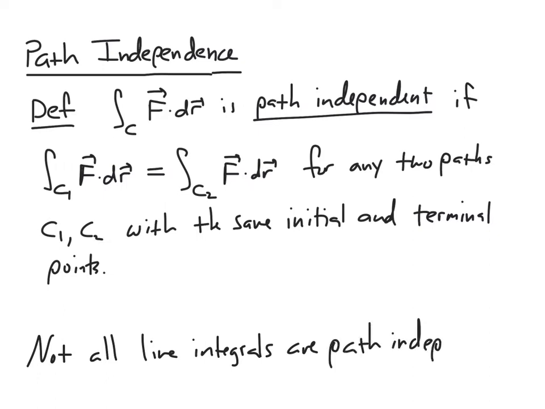So if we want to be able to use this property, we will have to determine ways to analyze a line integral and determine if it's path independent before we can start changing the paths. We've actually seen an example of a non-path independent line integral already, so let's recall that.